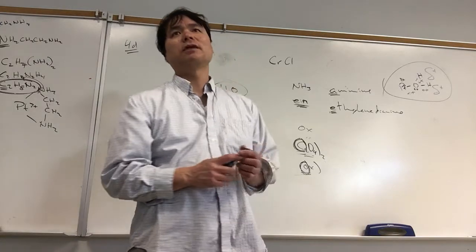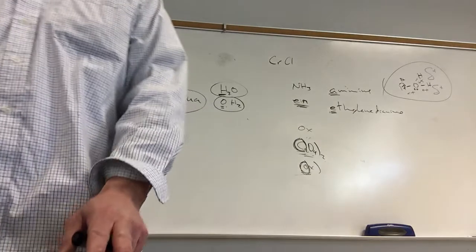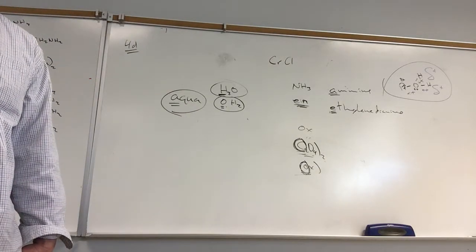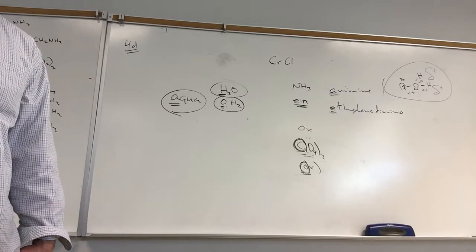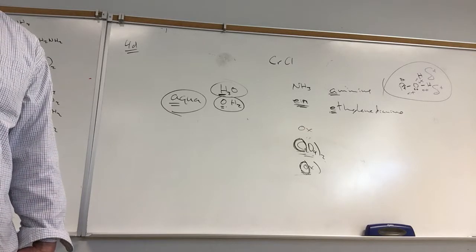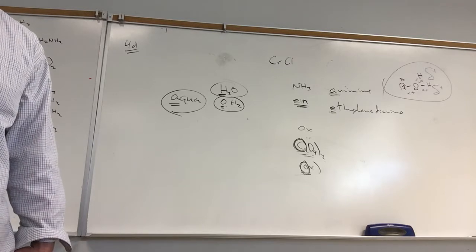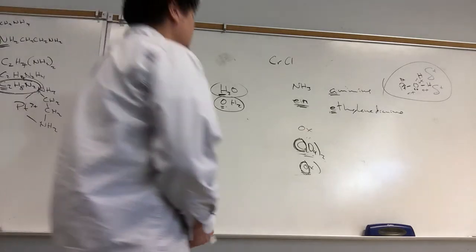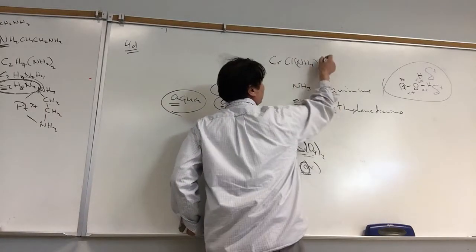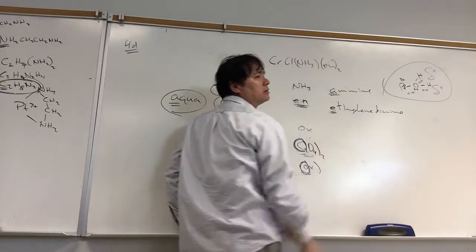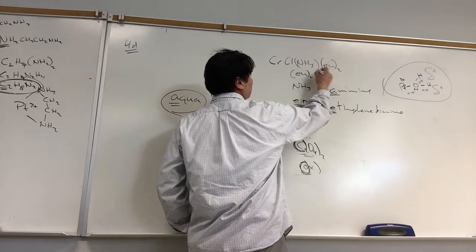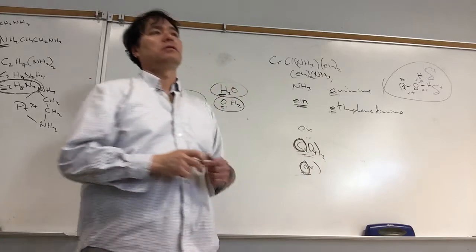I try to make your life simpler by saying, forget the formula, just do it alphabetical according to name. So oxalato would go under O for oxalato. Myself, I would have put amine in here because A comes before E, and then the ethylene diamines like this. The book is going to put the ethylene diamines first, and then the amine. It's fine. Another way is better.